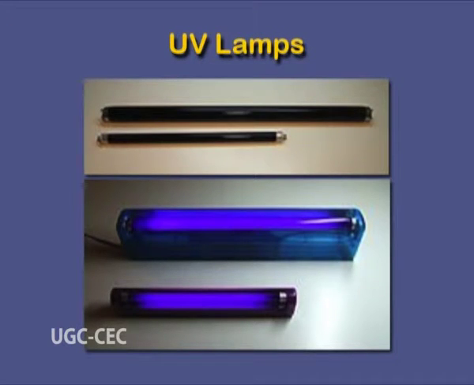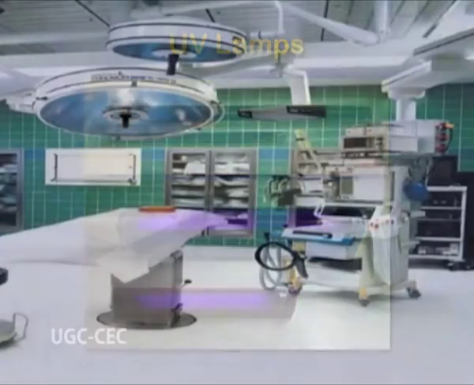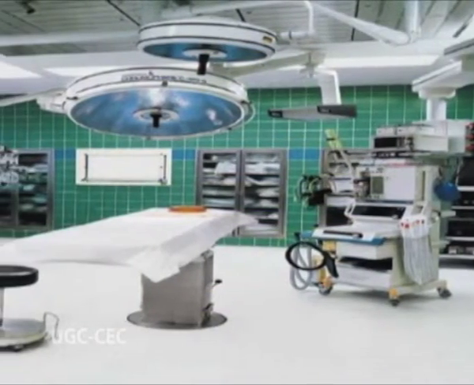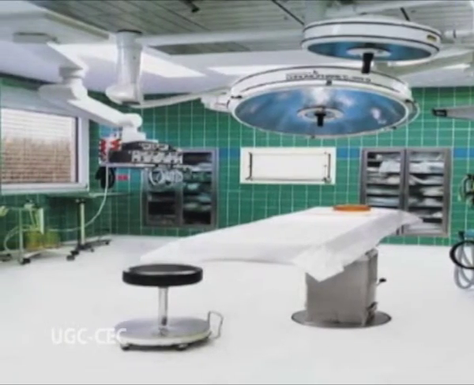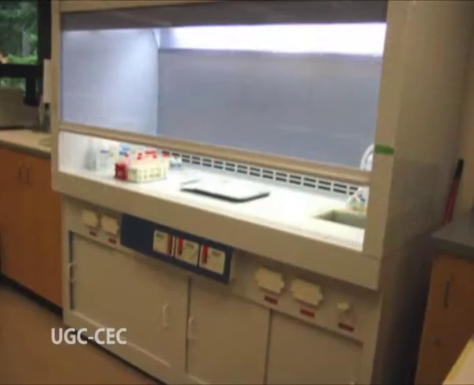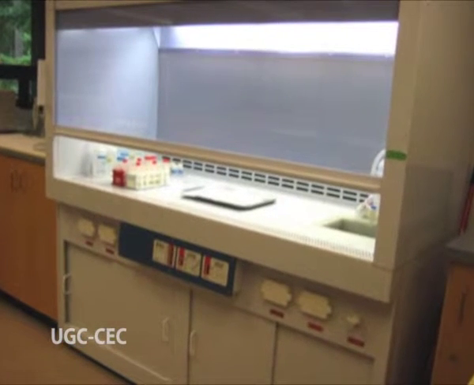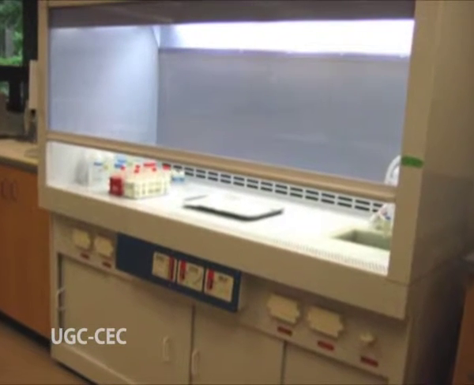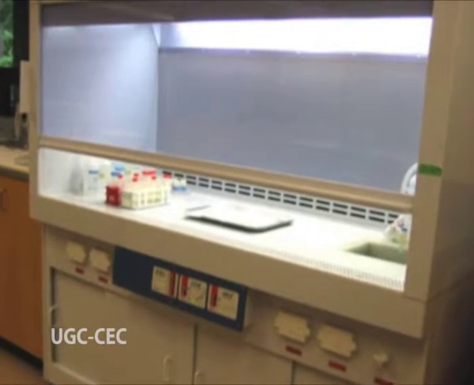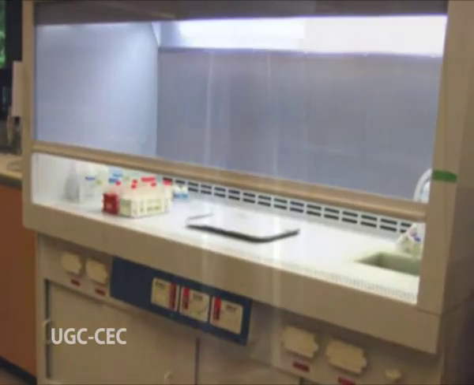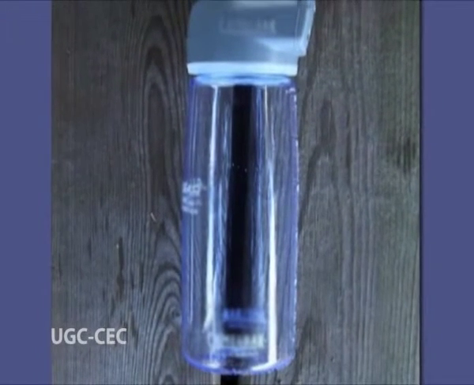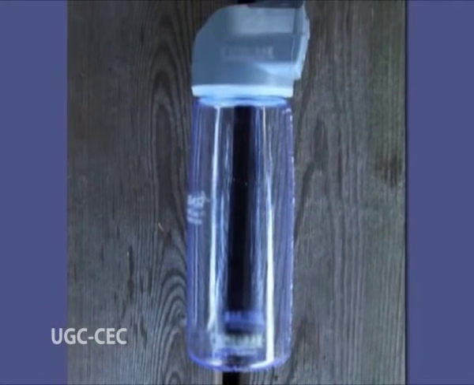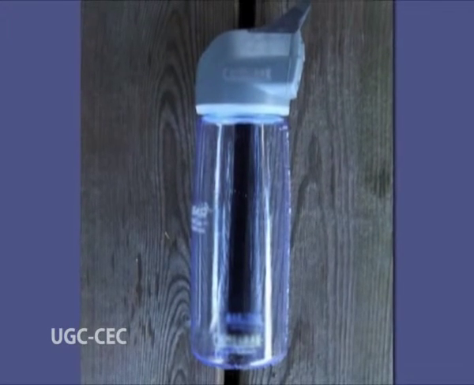Artificial lamps that can produce UVC radiation are used in the hospitals for sterilizing the operation theatre. They are also used for sterilizing the tables in microbiology or tissue culture laboratories for preventing contamination. In water purifiers domestically used, the UVC lamps kill the bacteria present in water.